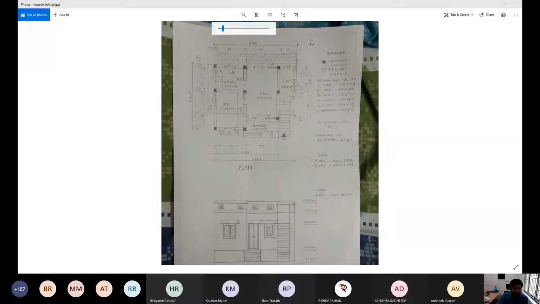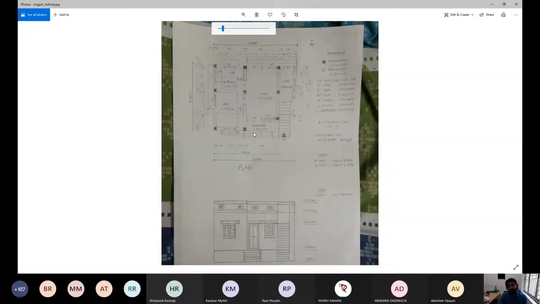So here in this figure, you can see one mistake. Here, this step, what is this?